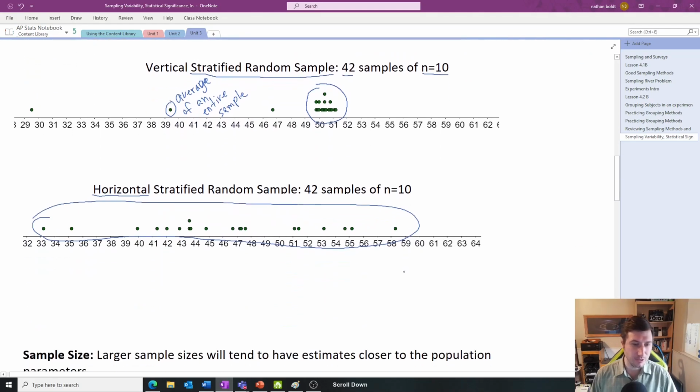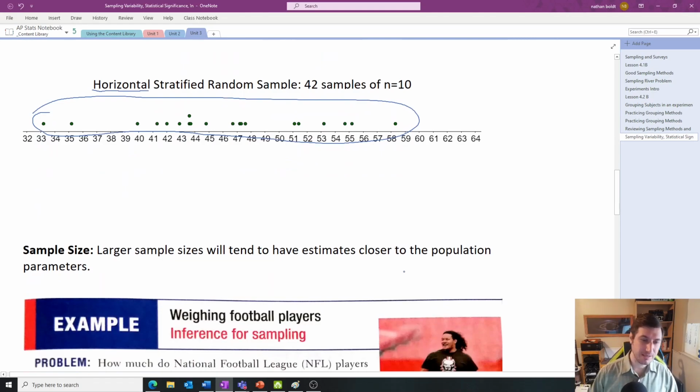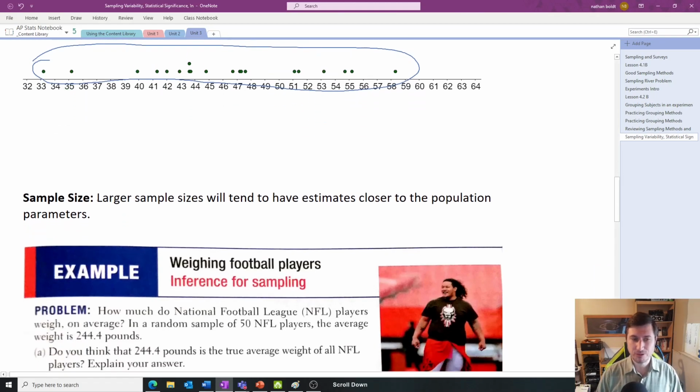All right, a little bit more about sampling. One way to get a more accurate sample is to use a stratified random sample. That's great. Another way is simply just to use a larger sample size. And hopefully that makes sense. Asking 50 people is a whole lot better than asking 10 people. Because who knows, maybe you got 10 weirdos. Or of those 10, like 2 of them were weirdos. 2 out of 10 is a pretty big percentage, right?